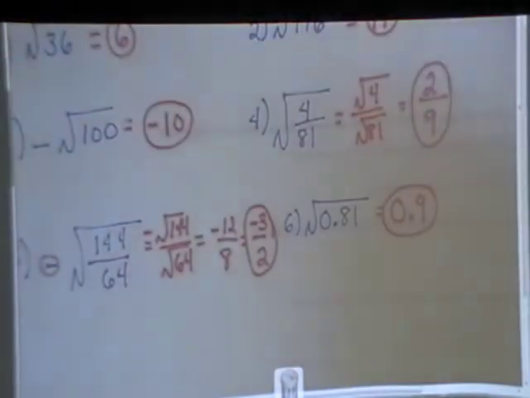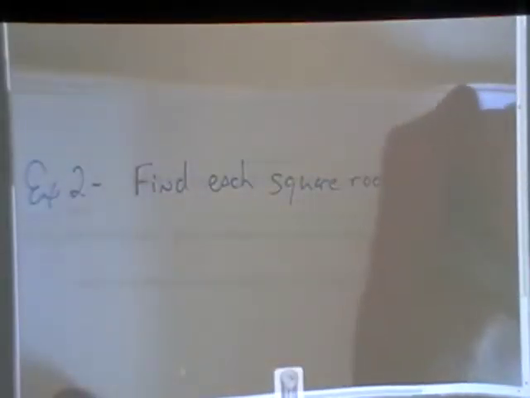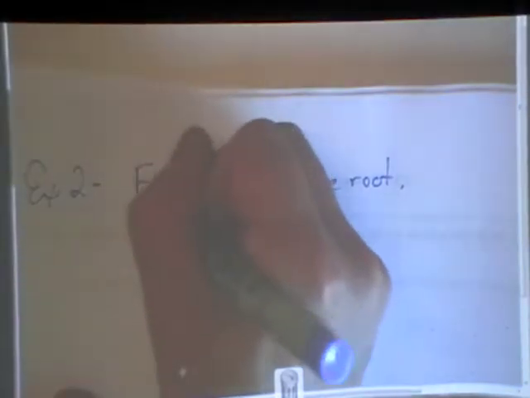Okay? Alright, next one. Let's talk about how to find square roots when they're not perfect squares. So example 2, find each square root. Round to the nearest tenth.